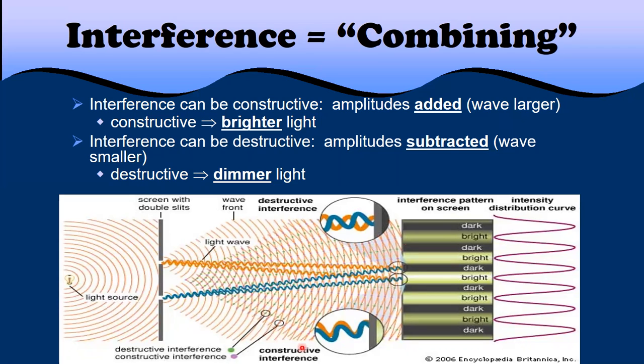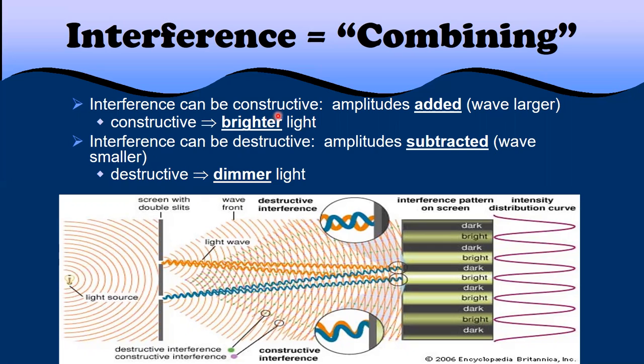Now, if they're in sync with each other, see how they're very close to each other. So they're raising the amplitude of that wave. When the amplitude is raised, we add more energy, right? More energy means a brighter light. So that's when interference can be constructive.